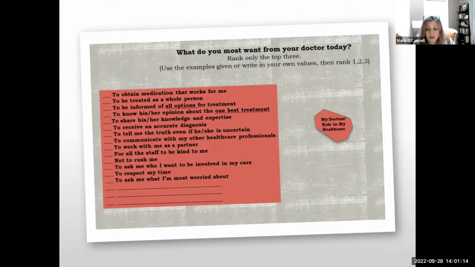We could look at this group by race or ethnicity, which we haven't done, to see how the statements or the things that are important to people might differ between groups. I would also say that's probably really important to do in another study.